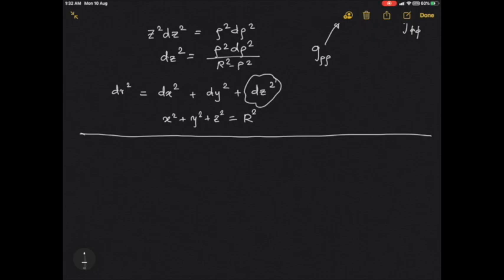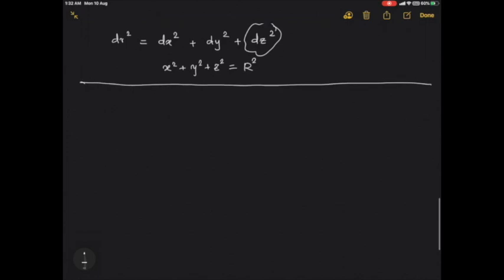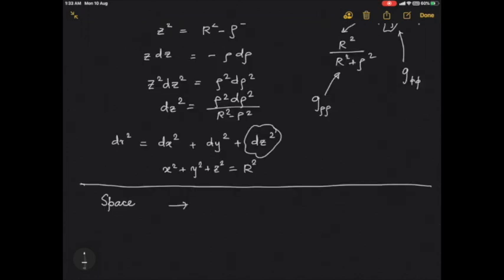Now if I consider a particular space, I can look at the same space from many different coordinate systems. The same space can be seen in a different coordinate system.